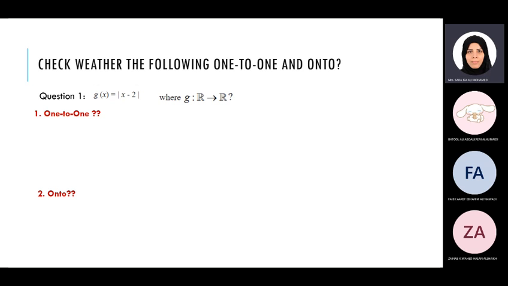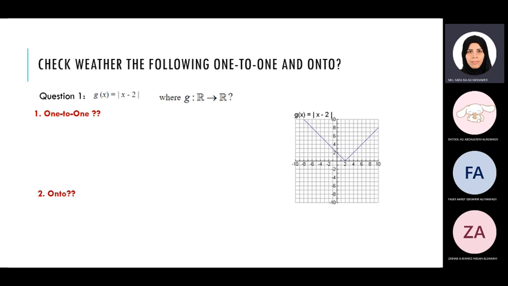Another type similar to the quadratic is the absolute. If you look over the drawing of the absolute, it will be something like that. So from a drawing, you know that every image here is mapped to twice. For example, the image 6 is related to -4 and related to 8.